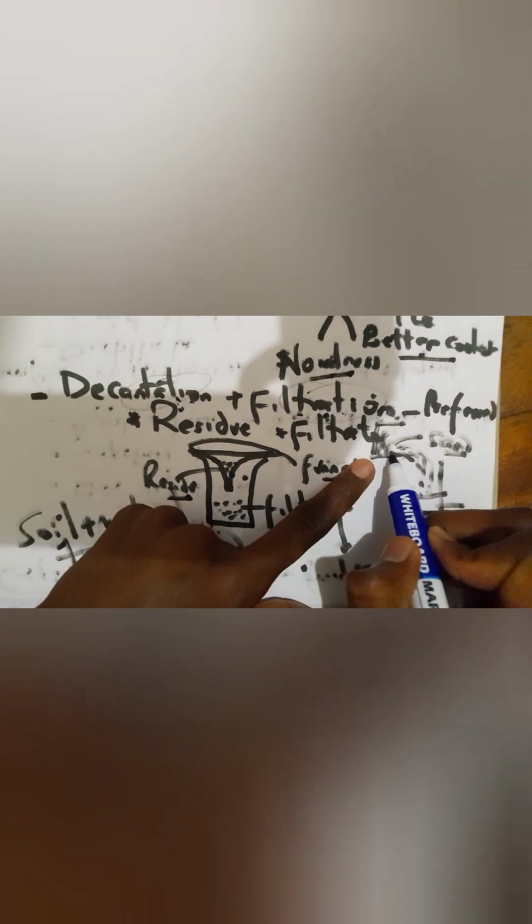For example, you can see the sand particles will go down here. So whatever will be obtained here won't be that clear, but will contain some traces of the solid particles. But for filtration, the filter paper always acts as a sieving process, so that you may obtain a clear liquid. That is what you need to understand.